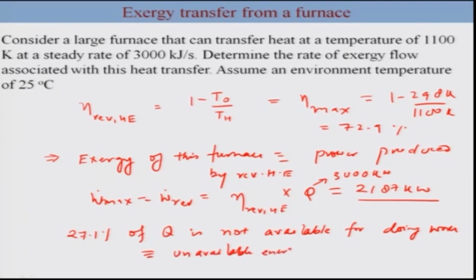energy, which is nothing but the total energy of the system, let us say in this case the furnace, whatever the energy being supplied here, minus the exergy of that energy, which essentially means that the amount of energy available is not 100%.